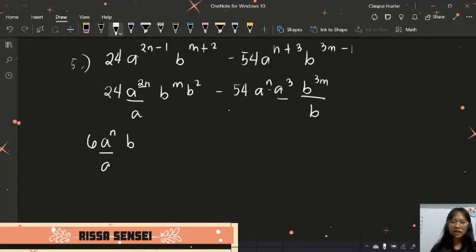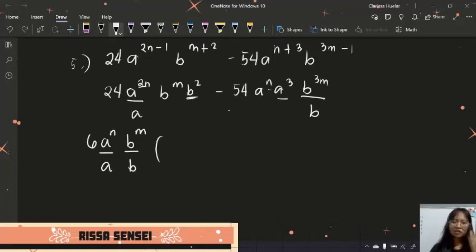So, i-over a natin. Okay? Then, sa b, meron tayong b raised to m and b raised to 3m. So, ano yung mas mababa sa kanila? Siyempre, ito kasi 1 lang yung numerical coefficient ng m na exponent. So, i-factor out ko yung b raised to m. Tapos, dito may over, so over b natin.